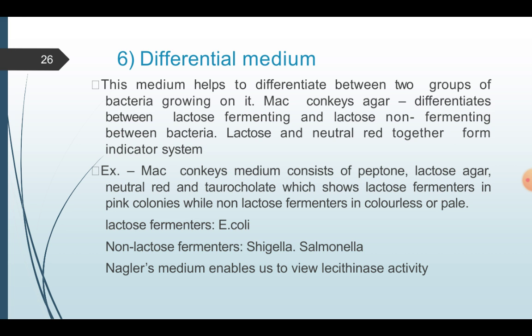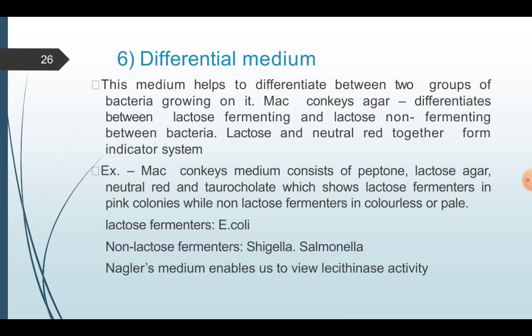MacConkey's medium consists of peptone, lactose, agar, neutral red and taurocholate, which shows lactose fermenters as pink colonies while non-lactose fermenters are colorless or pale. Lactose fermenters are E. coli; non-lactose fermenters are Shigella and Salmonella.